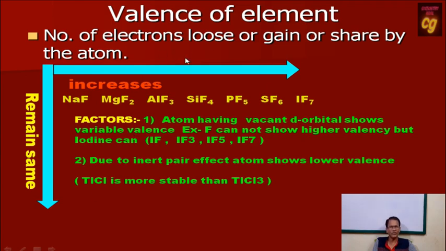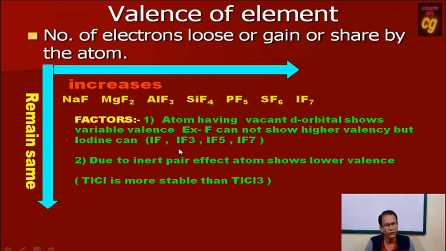What are the factors regarding valency? An atom having a vacant d orbital shows higher valency. For example, fluorine in the halogen family cannot show higher valency because it has no vacant d orbital. But iodine shows higher valency: monovalent, trivalent, pentavalent, and heptavalent, IF, IF3, IF5, IF7.